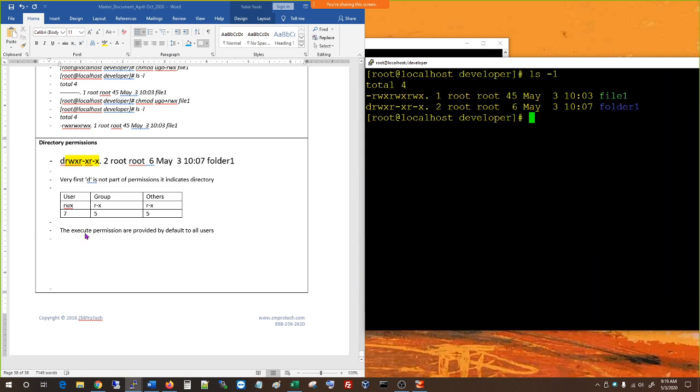Every directory in the system except the root directory has execute permission. What does execute permission actually mean? That means a user is able to go inside the directory.